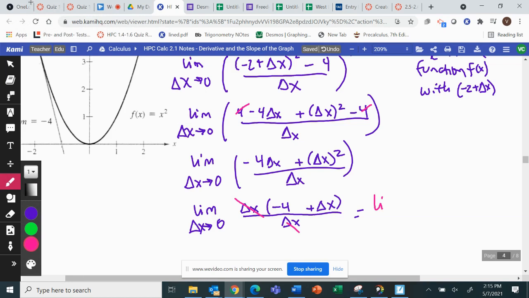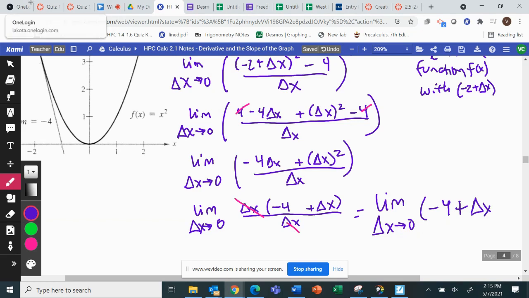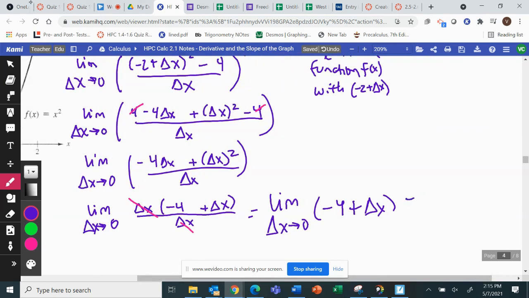So now I have the limit as delta x approaches 0, and I have left over -4 plus delta x. So I did what I needed to do. I got delta x out of the denominator. So now if I plug in 0, what do I get? I get -4. So our goal was to get the slope of the line at a particular point.